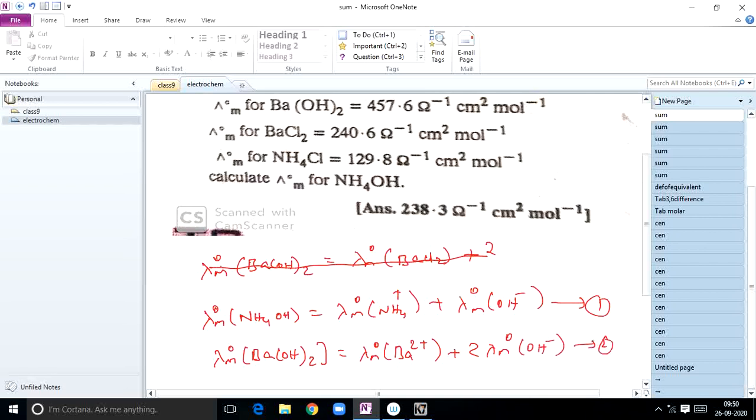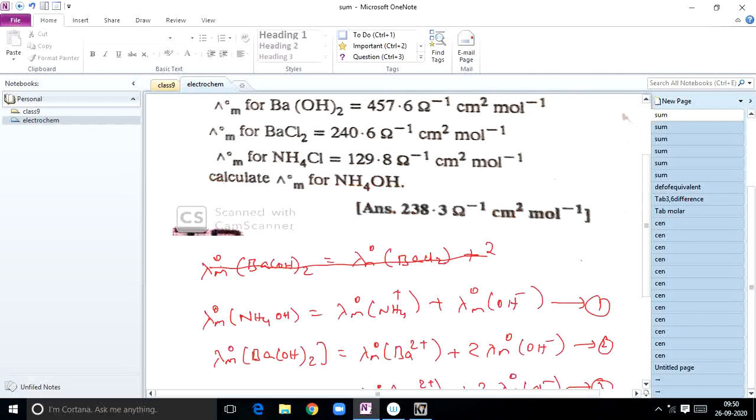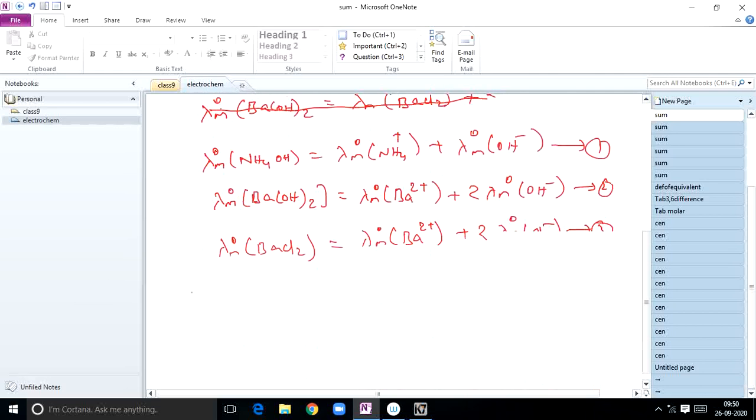So this is second equation. After that, third equation, barium chloride you take, lambda m naught of BaCl2 is equal to lambda m naught of Ba2 plus plus 2 into lambda m naught of Cl minus. This is equation 3. Next, what is the other one given? Lambda m naught of ammonium chloride is given. So lambda m naught of ammonium chloride is equal to lambda m naught of ammonium ion plus lambda m naught of Cl minus ion.